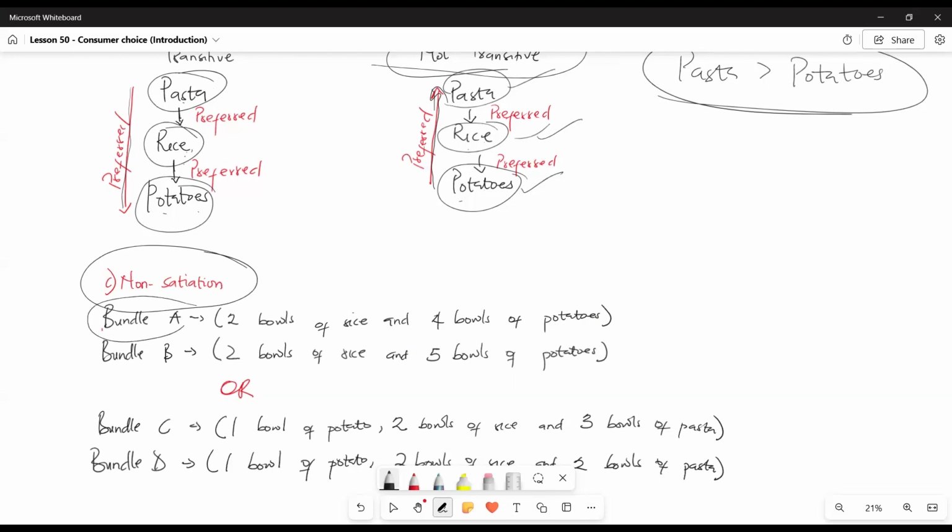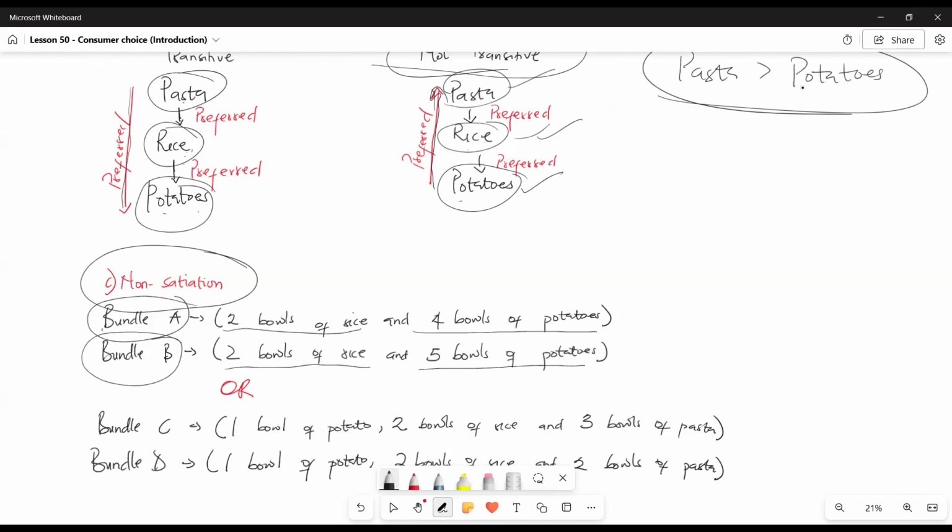Consider several bundles which we can give to Ella as various choices. So bundle A, we give Ella 2 bowls of rice and 4 bowls of potatoes. Now bundle B is 2 bowls of rice and 5 bowls of potatoes. Now, non-satiation means that every time there is more of a particular good in a particular bundle, you should prefer that bundle to another bundle with less.